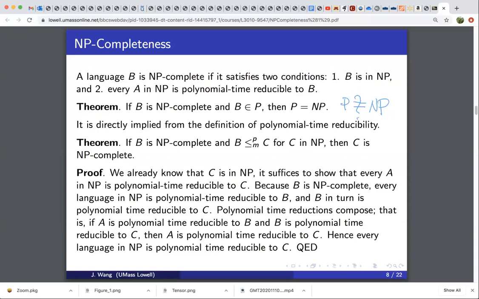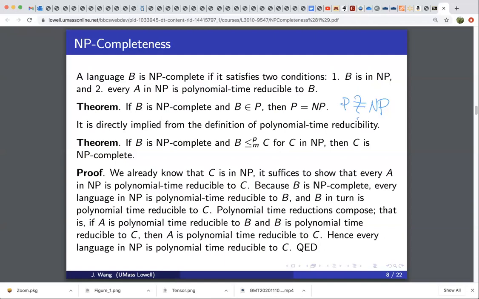From an algorithmic point of view, we hope that P is equal to NP, but from a cryptographic point of view, we hope it's not equal, because modern cryptography depends on the notion of one-way functions. And if P is equal to NP, then no one-way functions exist.